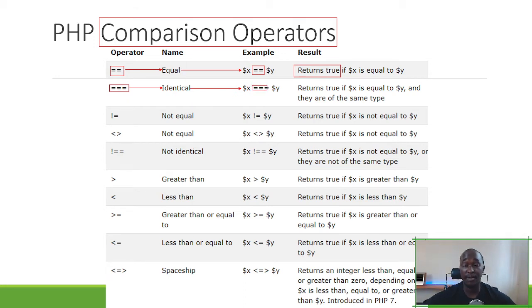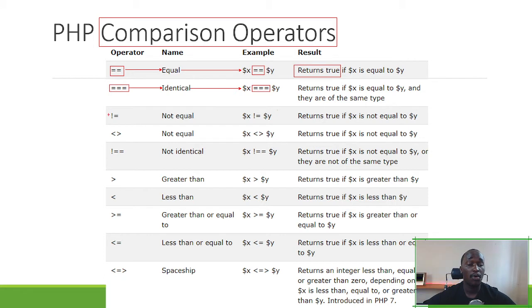One thing you can see is that equal uses 2 equal signs, while identical uses 3 equal signs. Find out the difference between them and when to use each one of them. When do you use equal? When do you use identical?